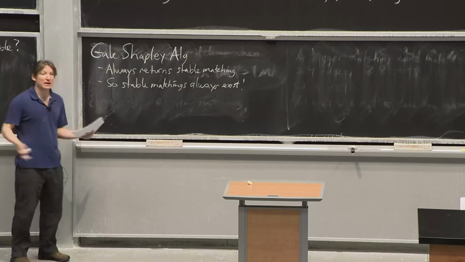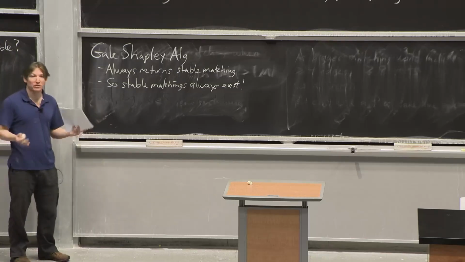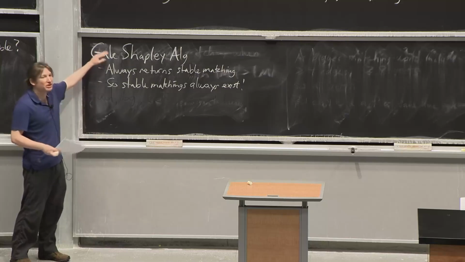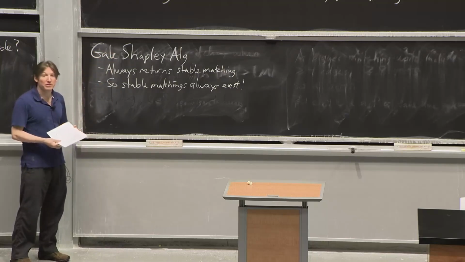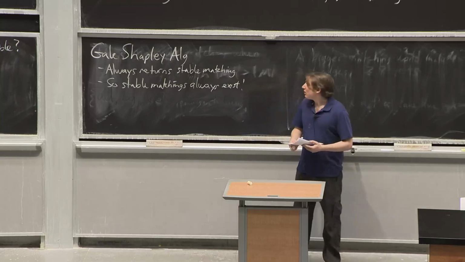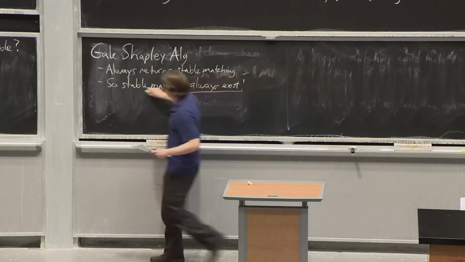Frequently, there will be many, many stable matchings for a given graph and for a given set of preferences. Gale-Shapley is only going to show us one of them. It's certainly going to find a stable matching, but not find all of them. All right, so let me describe this algorithm.